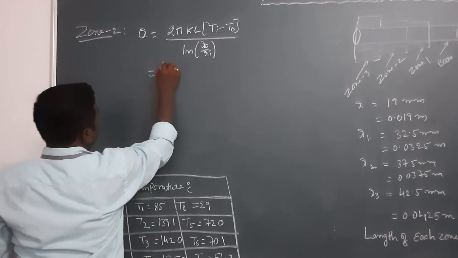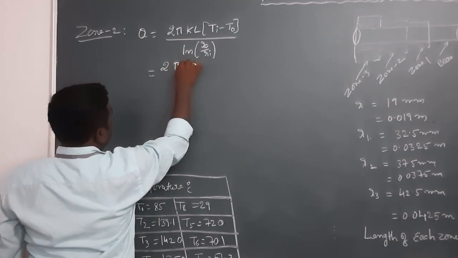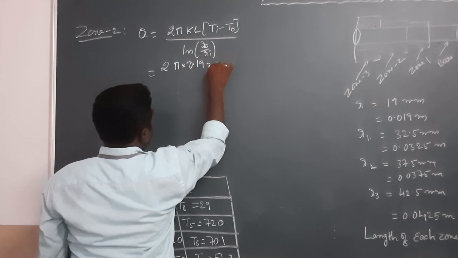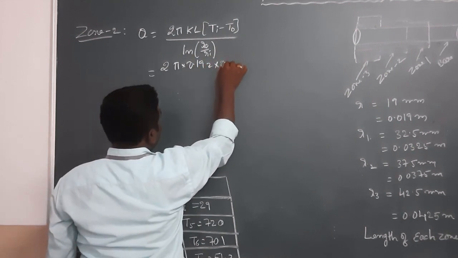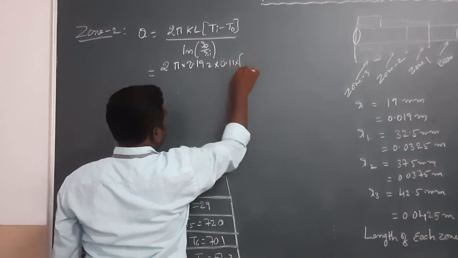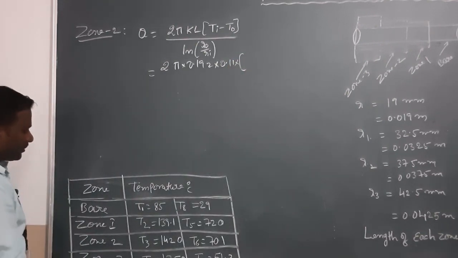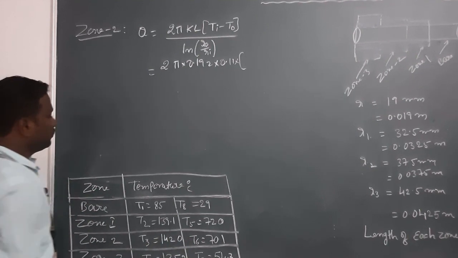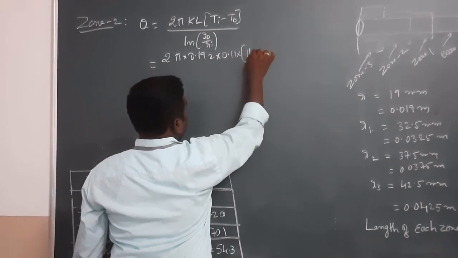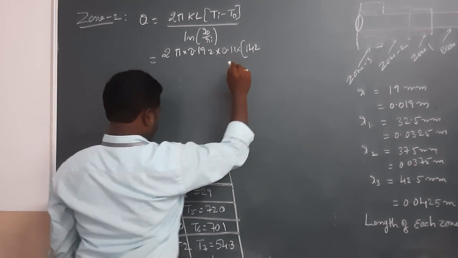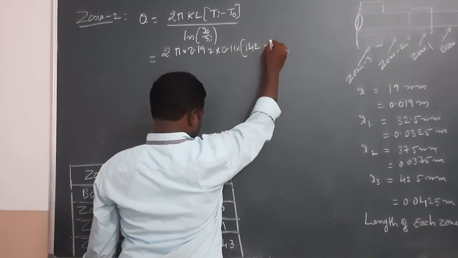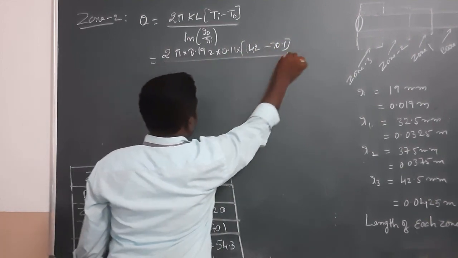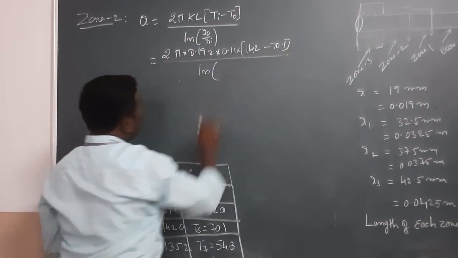Substitute 2 pi, k value 0.192, and length of the zone 0.11, into the inside and outside temperatures of zone 2: 142 minus 70.1, divided by ln of outside radius by inside radius.